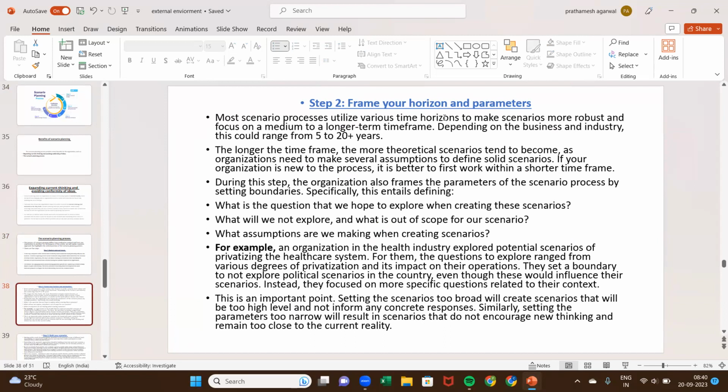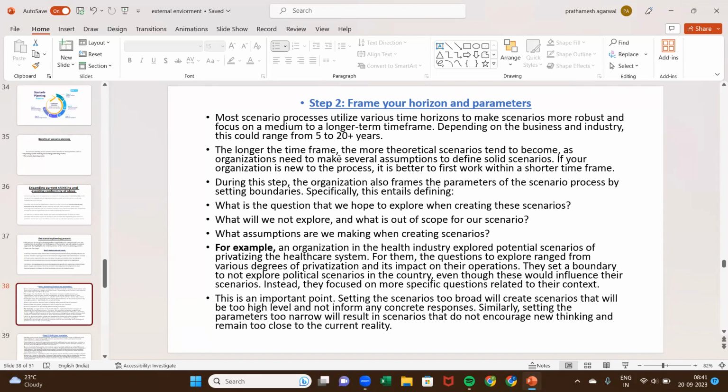Depending on the business and industry, this could range from 5 to 20 years. So you just see how the time horizons are taken into consideration. 5 to 20 years, depending on the business and the industry.